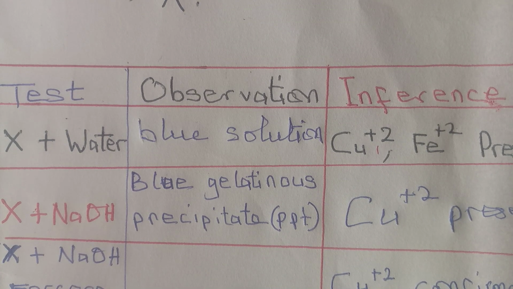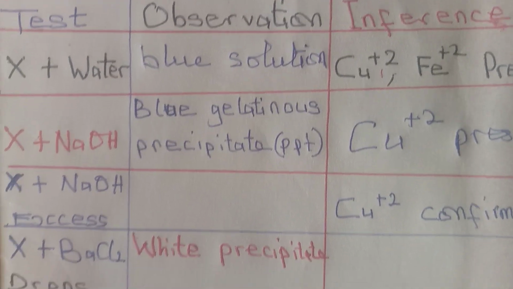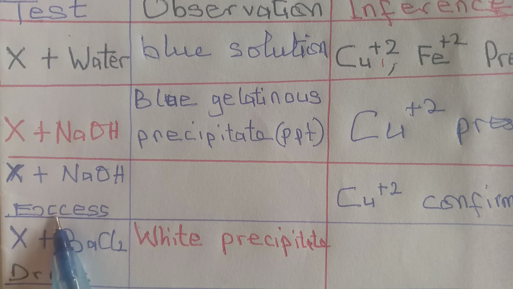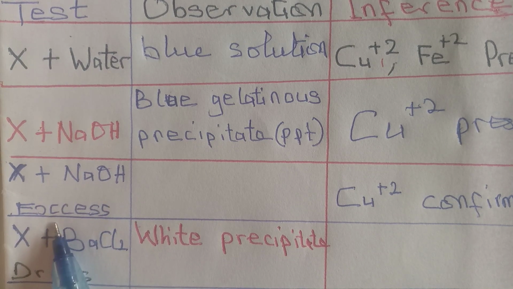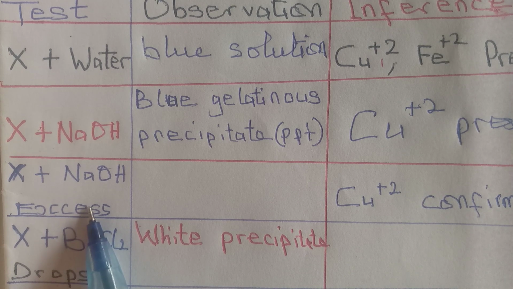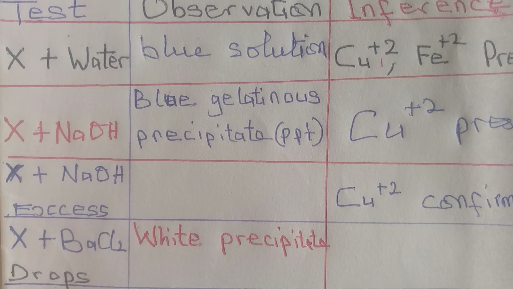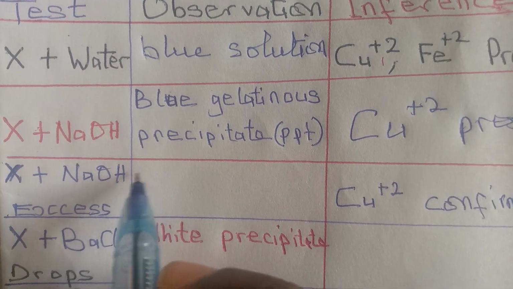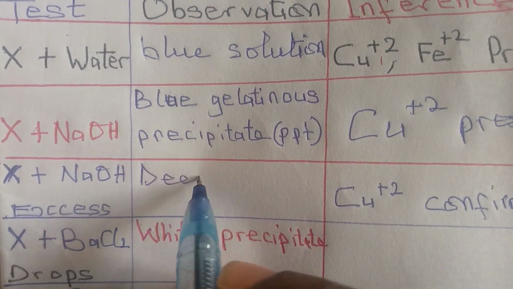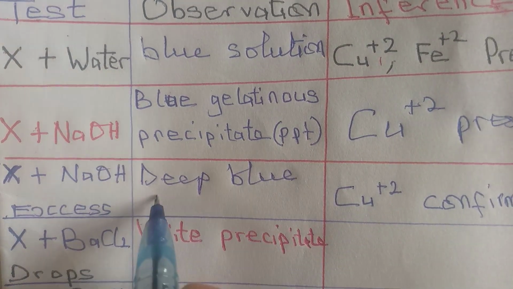Fine. Then the next stage, we were told that solution X reacted with sodium hydroxide, this time in excess. So when the solution now is in excess, then copper 2 ions now confirm. You will also have the same blue, or you can even put deep blue precipitate.